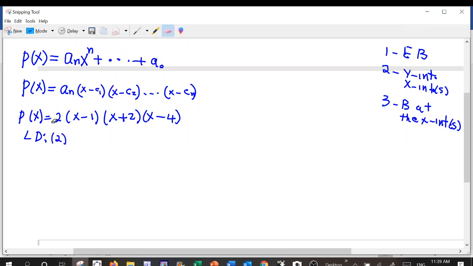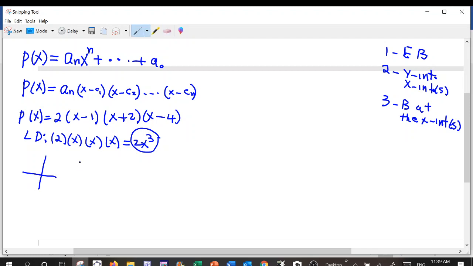Here the leading term is x, here is x, and here is x. So it's x times x times x, and that is 2x to the third power. 2x to the third power determines the end behavior.